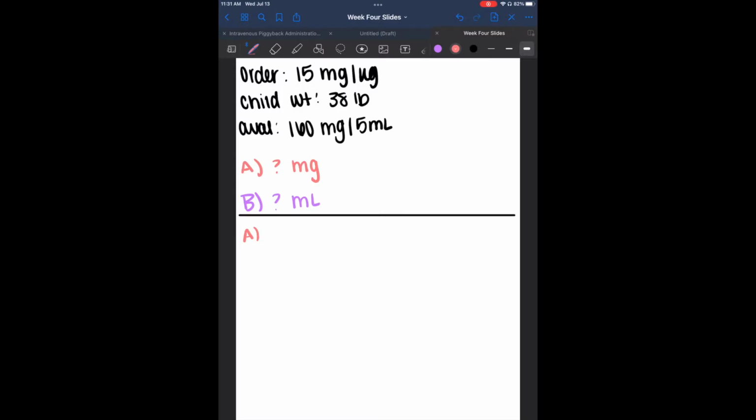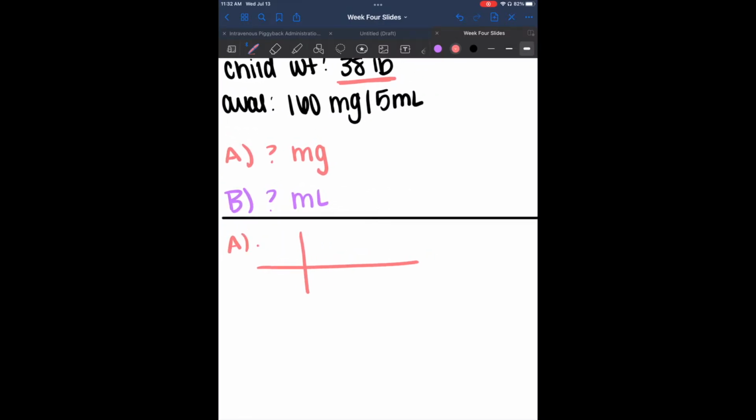So we're going to start out with our dimensional analysis cross. So setup is the same for these. However, instead of the order going on the left, what we're going to put first is our child's weight. So we have 38 pounds. Now next, we're going to put our conversion factor, 1 kilogram is 2.2 pounds.